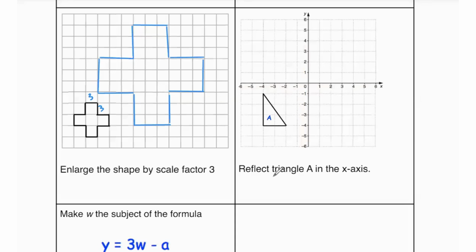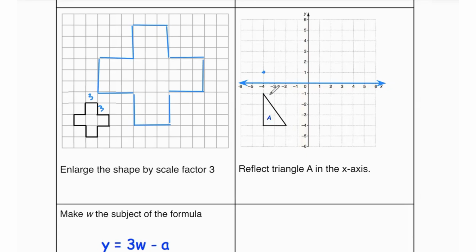Now in the next part, it says reflect the triangle A in the x-axis. So this is your x-axis, which means the triangle will be reflected in this area. So we see what is the distance of each of these points on the triangle from the x-axis, which is our mirror line. This is 1 box away, so this point will become this.